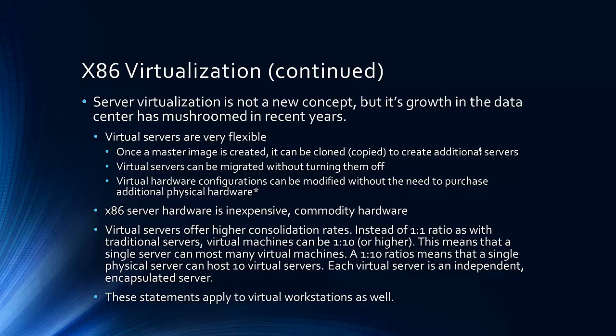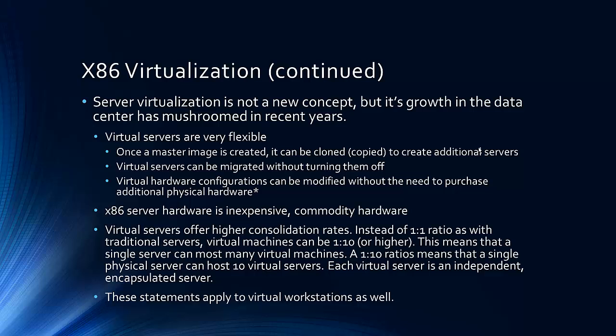Commodity hardware means that you can buy these servers very inexpensively, and you can buy them from a number of vendors. So the big enterprises like this, because it gets them away from committing or otherwise getting locked into proprietary hardware, which is normally very expensive and can require specialized labor.